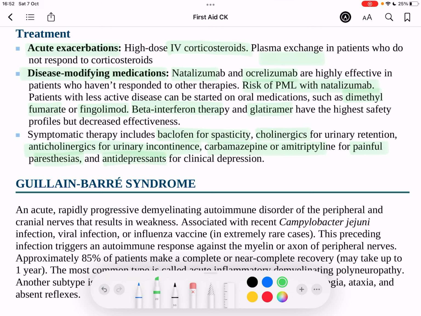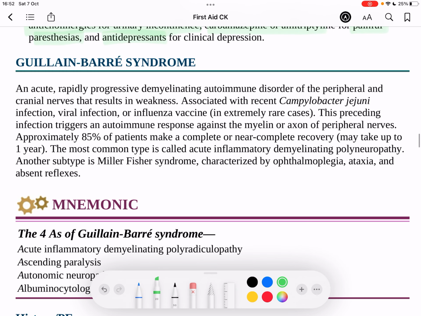Right, we're going to move now on to Guillain-Barré syndrome. So Guillain-Barré syndrome is a rapidly progressive, acute demyelinating autoimmune disorder of peripheral nerves and cranial nerves. So this, unlike MS, is a lower motor neuron disorder.